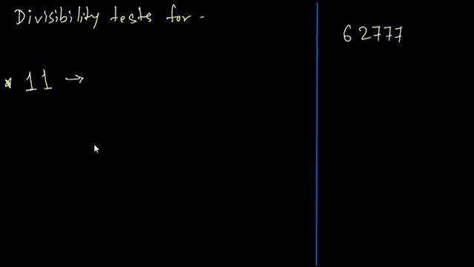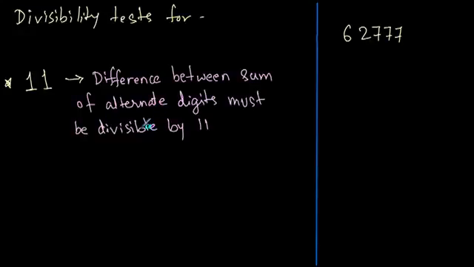Now let's see the divisibility rule for 11. The difference between sum of alternate digits must be divisible by 11. So let's take this example and find out the alternate digits. So you need to take out the alternate digits. So let's mark the alternate digits: 6, then 7, and then 7. So let's add those alternate digits. So 6 plus 7 is one group, and 2 plus 7 is another group.